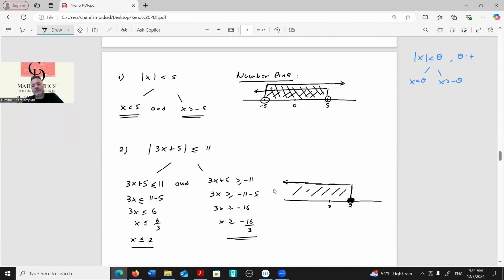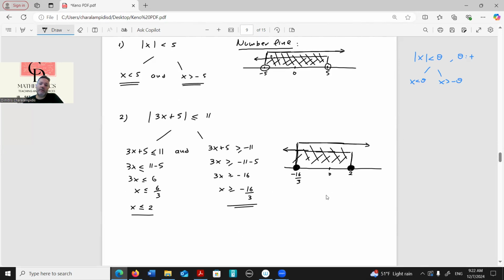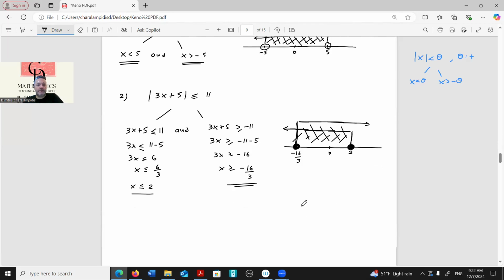Greater than negative 16 over 3. 16 over 3 is 5 point something. Again, a shaded circle, but greater or equal than that would mean from here to the right. So this shaded region would have been the answer.